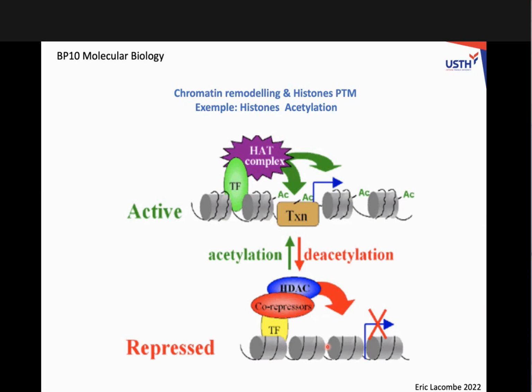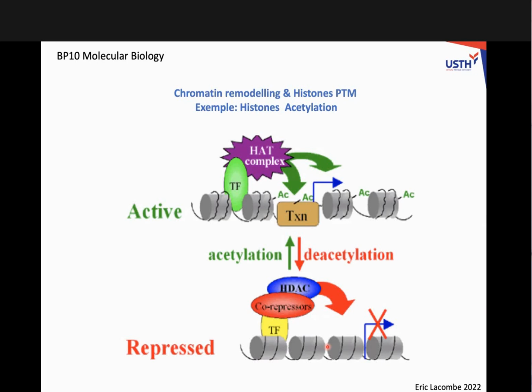So the difference is a general transcription factor normally recognize the promoter and directly activate Pol2. And there are others that directly recognize DNA, but instead of activating directly Pol2, they recruit acetyltransferase in order to decompact chromatin locally.